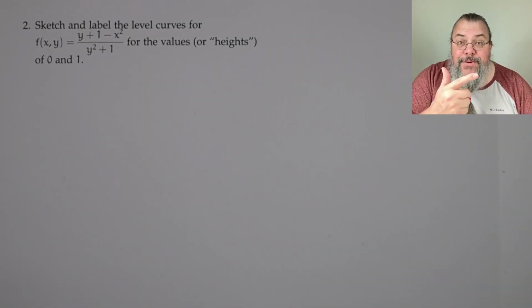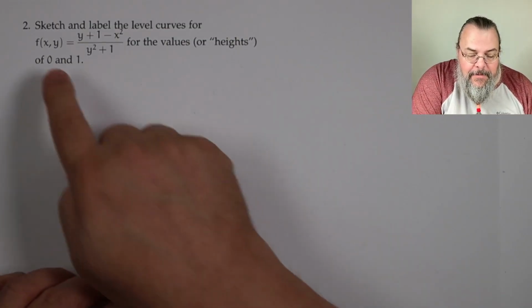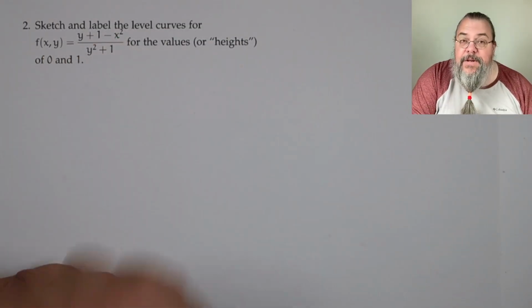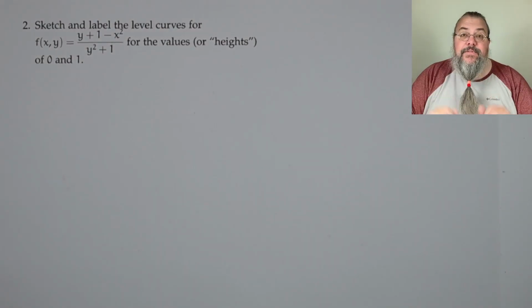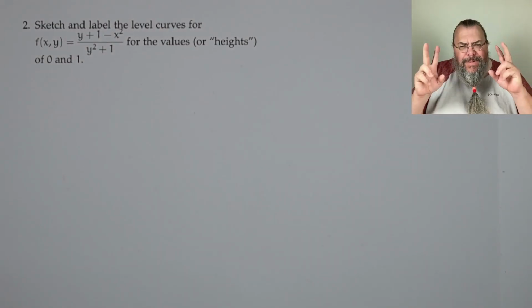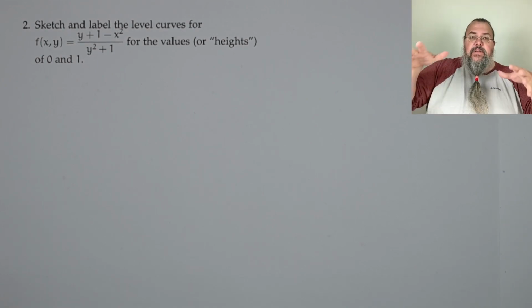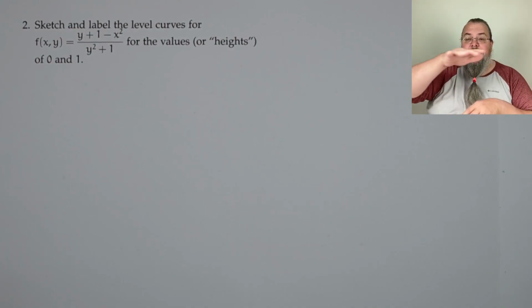Number 2. Sketch and label the level curves for our function f of x, y, y plus 1 minus x squared over y squared plus 1 for the values or heights of 0 and 1. What does it mean by heights? Well, when you think of level curves, what you're thinking of is you have this surface and you're slicing at different heights.